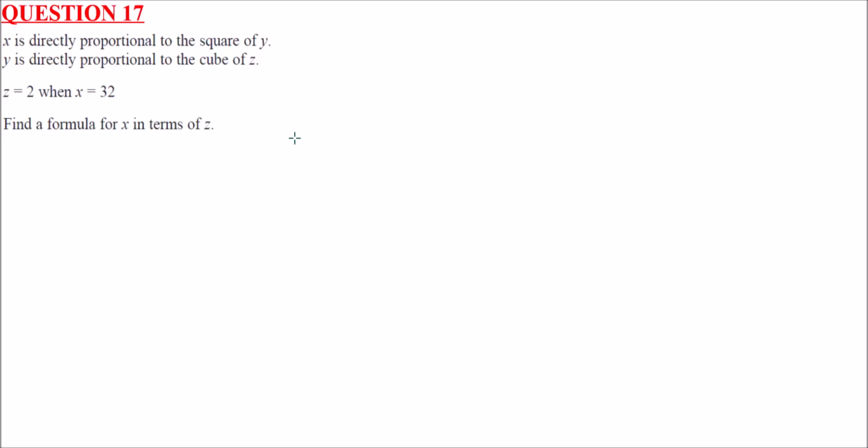Question 17, we've got that x is directly proportional to the square of y. So x directly proportional to y squared. That's what the first bit means algebraically. So this symbol here looks like a fish. You don't solve equations using a fish.